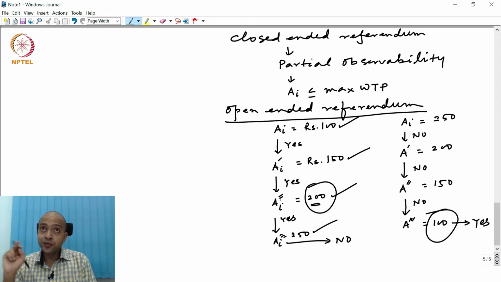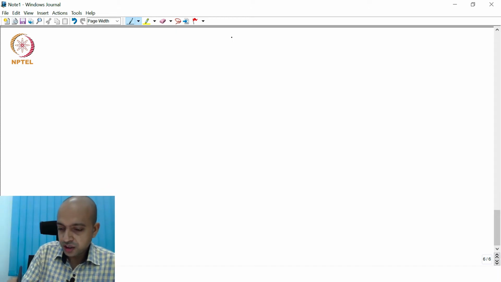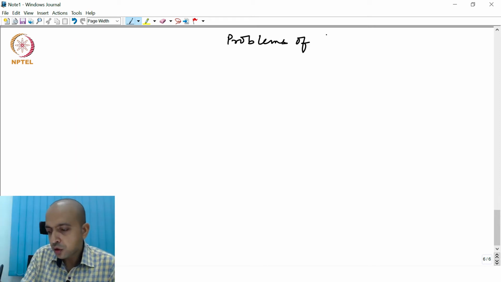Now, open-ended referendum, even though it overcomes the partial observability problem in closed-ended referendum, also suffers from some limitations. What are those? These are problems of open-ended referendum.